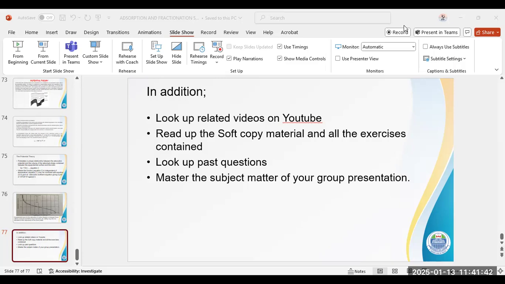Anybody? So look up the exercises that you have under your chapter 17. Okay. Some of them are similar to what we have already treated. So your question can come in any form.